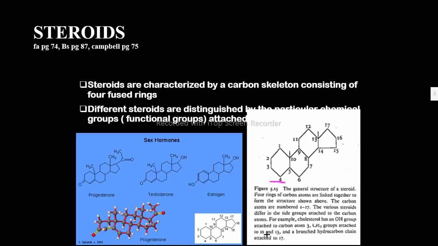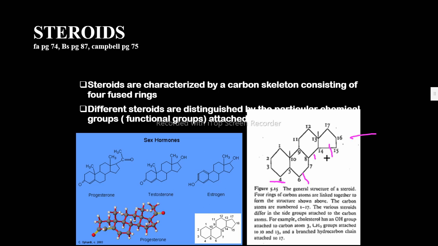You have this as your first ring, and then this as the second ring, the third, and the fourth. They are 4 fused rings. Now, all steroids have this basic structure.